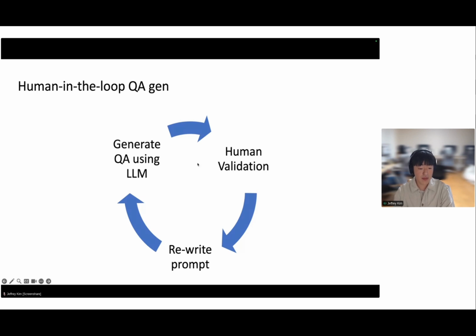Then you can rewrite the prompt or readjust the generation pipeline and generate question answering again. This is the core idea of human in the loop QA generation. So this is the realistic option. Okay, with human in the loop, you can get a great RAG evaluation dataset.